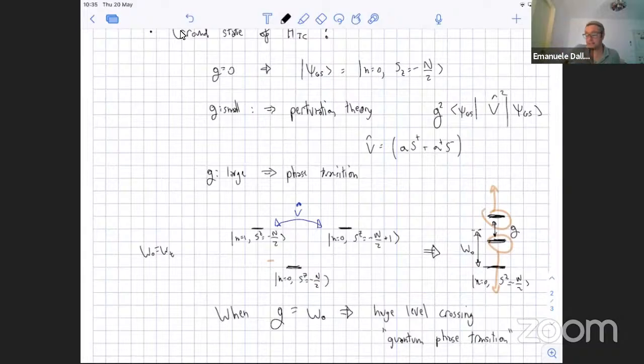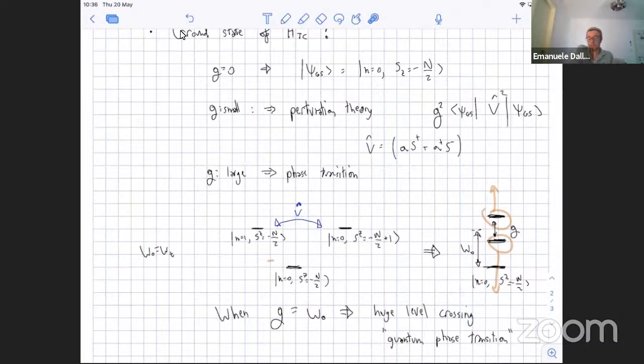In general, a quantum phase transition means that an excited state goes below the ground state. There is a level crossing. There is a gap that closes. Initially I had an excitation gap, an energy gap between the ground state and the first excited state, and this energy gap closes. And that's what we call a quantum phase transition.